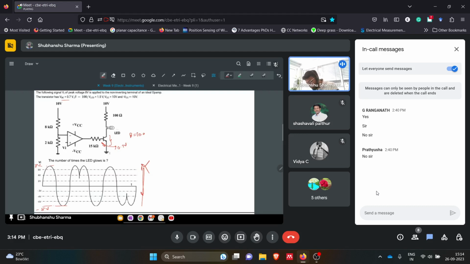Then LED is nothing but a diode, and its forward bias voltage is 1.5 volts. VCC is 10 volts, and this is minus 10 volts. So we have these values. Then you have to tell for how many times the LED will glow. That means you have to tell how many times this LED will be in forward bias.